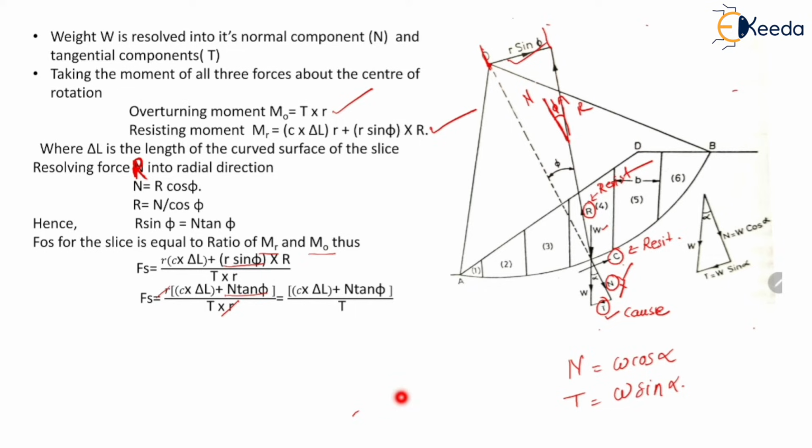The factor of safety is equal to C into delta L plus N tan phi divided by T. So this is the equation for the factor of safety of a single slice.